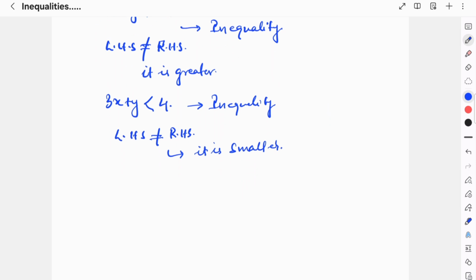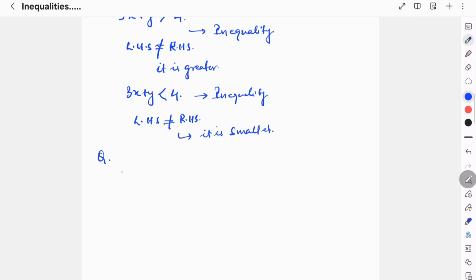So now let's see how we can solve this kind of questions. Let's see the first question. So we have negative 1 by 4 is less than or equal to half minus x by 3, which is less than 2.